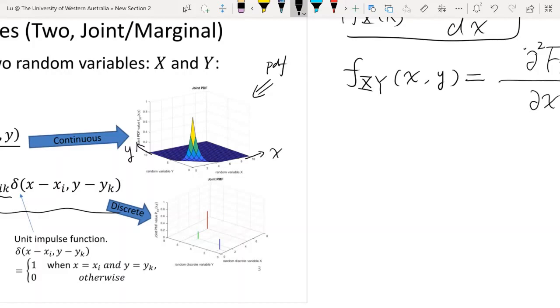At the bottom, the second graph shows the discrete random variables case. Same thing, x is given here and y is given here, but in this case these two random variables are discrete. At a particular point, I zoom in a bit.